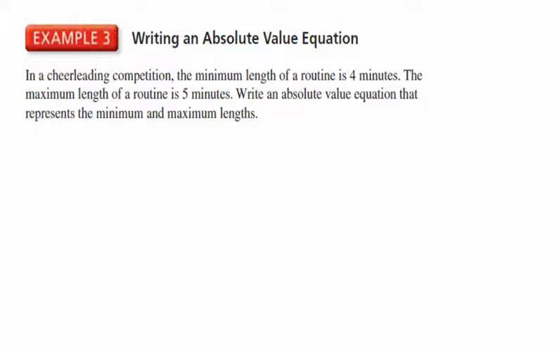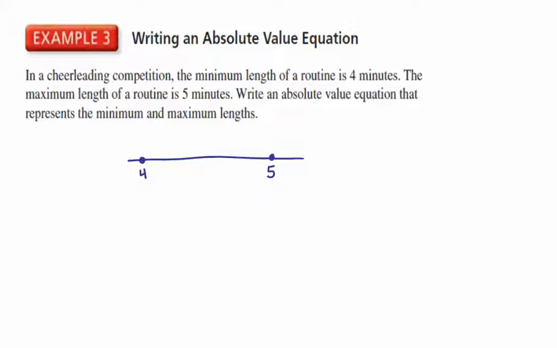In this example, in a cheerleading competition, the minimum length of a routine is 4 minutes. If I were to graph minimum length 4 minutes, the maximum length is 5 minutes. We want to write an absolute value equation that represents the minimum and maximum lengths.